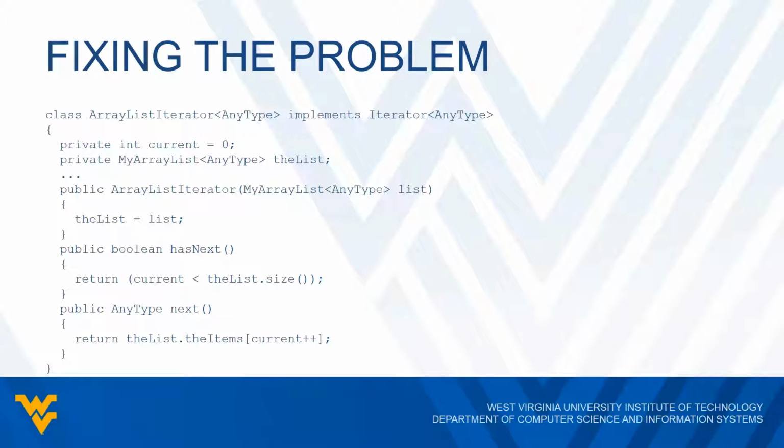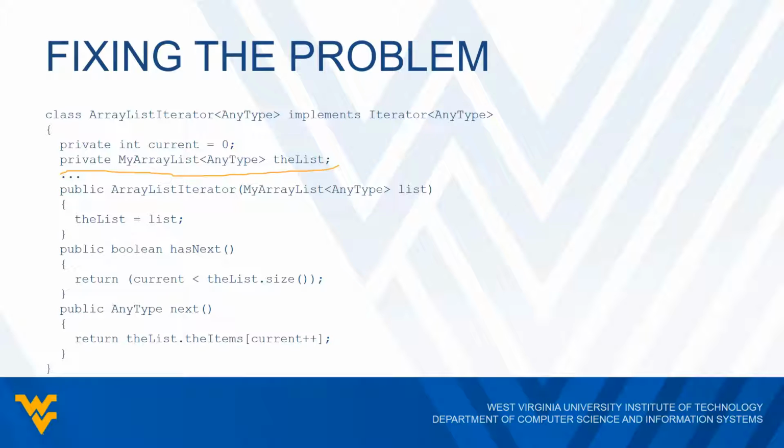So here is the implementation of the ArrayList iterator class, and we notice that there are some differences from the last time we were trying to implement this. Notice that we do have a reference variable to myArrayList right here, that's going to store an object.